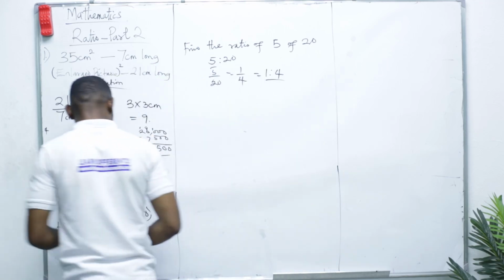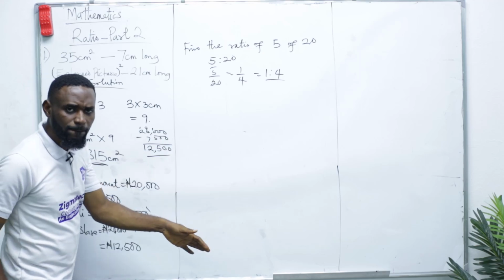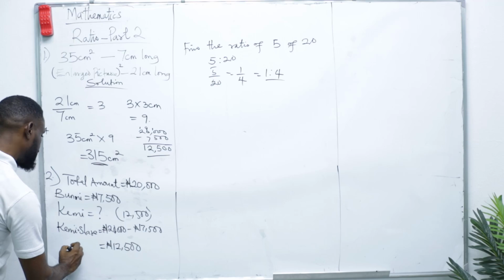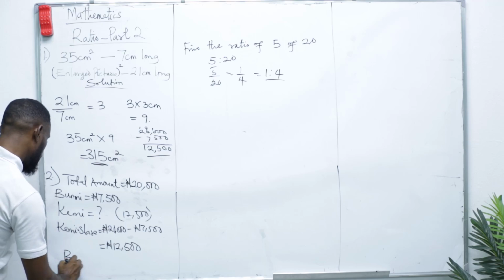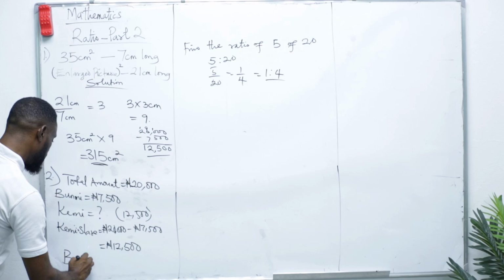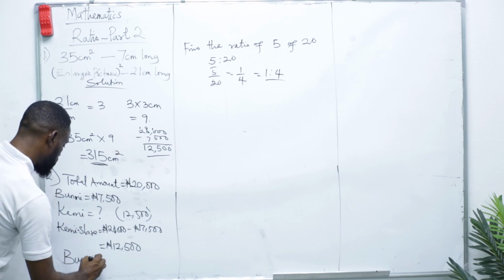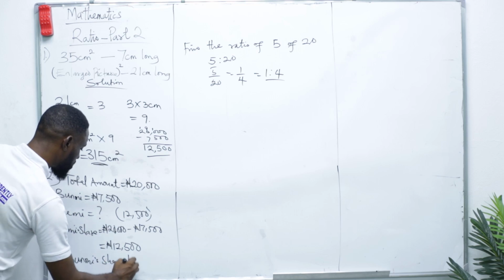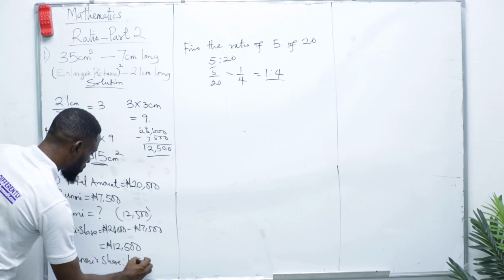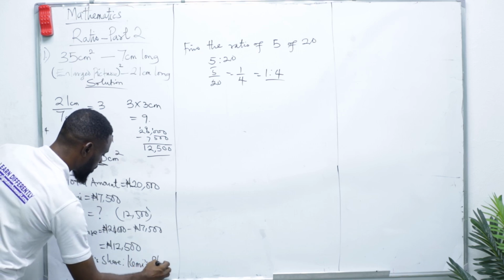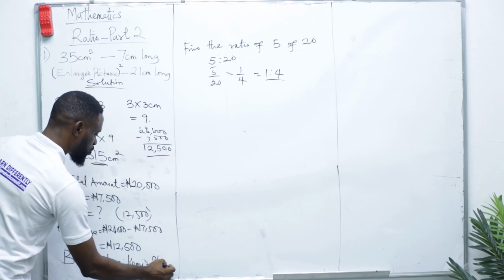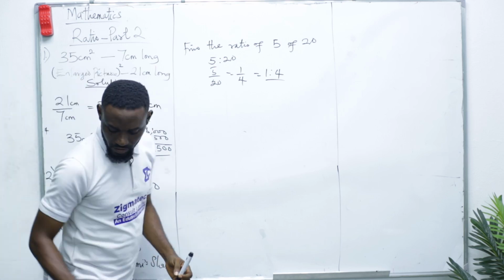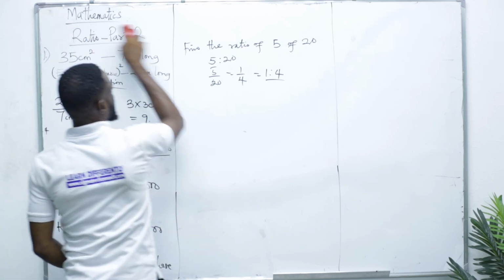To find the ratio of Kemi's share and Bumi's share, it will now be Bumi's share. Just watch that. Is to what? Kemi's what? Share. Can you see that? It will be Bumi's share is to Kemi's share.